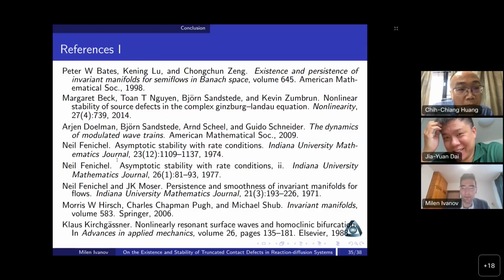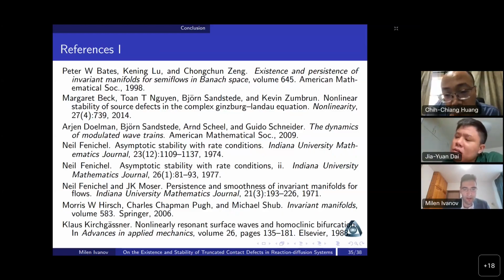So on the literature, we have Peter Bates on normal hyperbolicity. Björn Sandstede, Arnd Scheel, Dullman. They have done a lot of work on these topics.